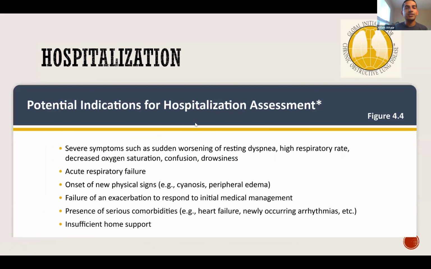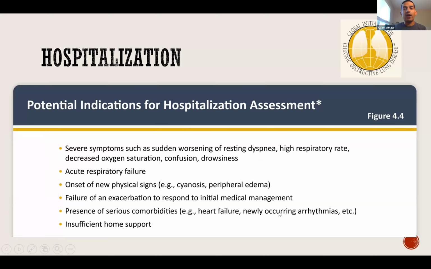So what are indications for hospitalization? Some of them, as we're talking about, include change in respiratory function from their baseline, having elevated respiratory rates, signs of labored breathing, having new hypoxia compared to their baseline. Also, if they're failing to respond to your initial management, maybe in the outpatient setting they were started on steroids, but they've not responded well yet.